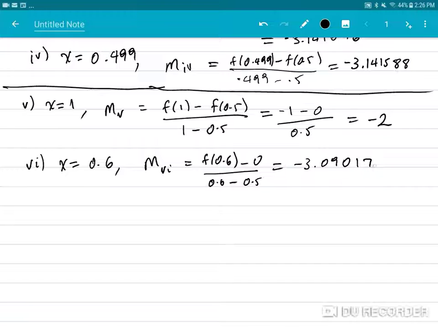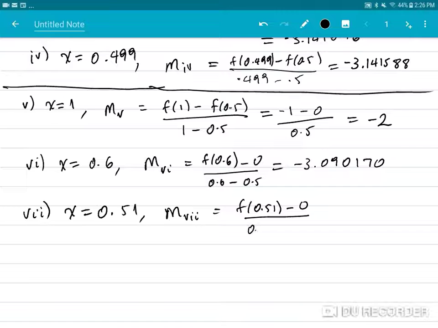Okay, and the next one, x equals 0.51. The slope for that secant line is f of 0.51 minus 0 over 0.51 minus 0.5.